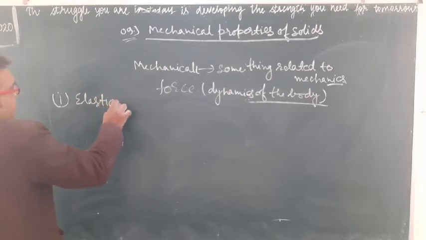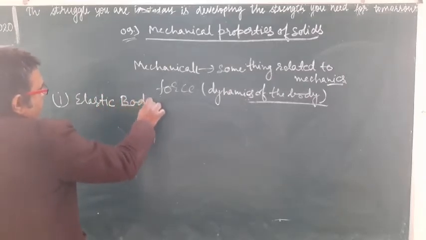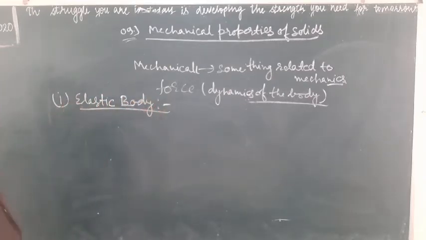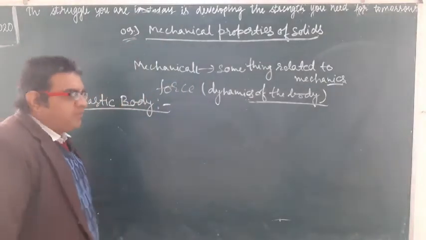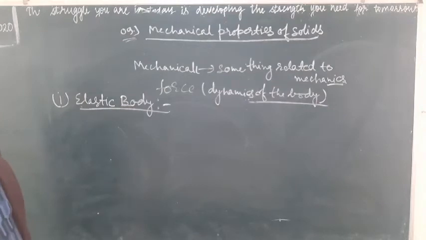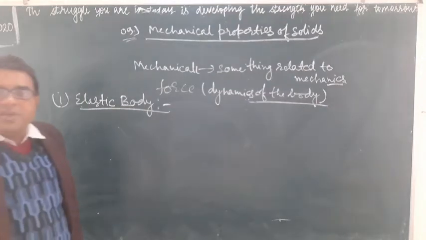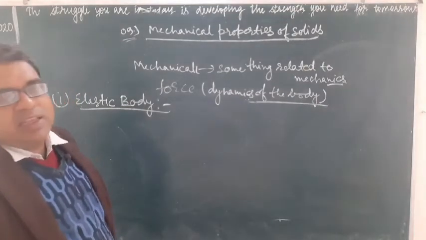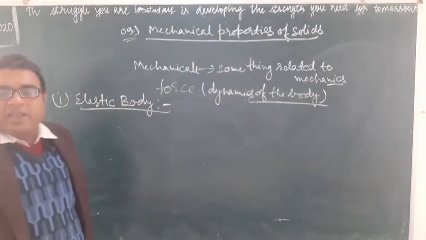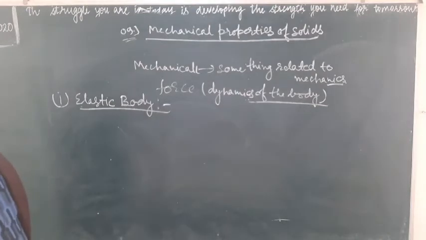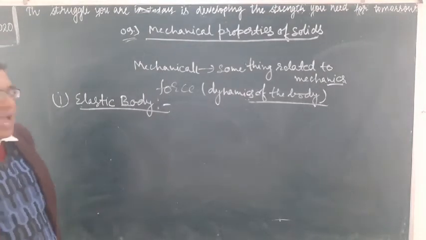What is an elastic body? When a force is applied and deformation takes place in that body, and after the removal of the force the body regains its original shape, then that body is called an elastic body.